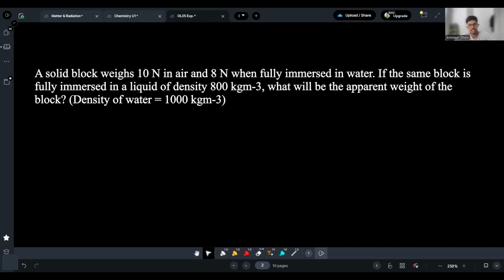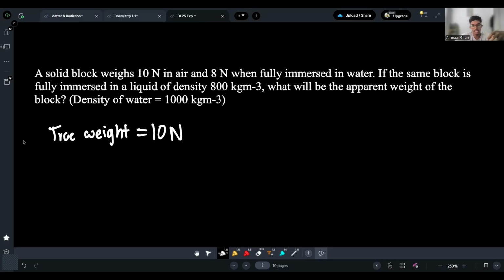All right. So first, let us continue with the data they have given us. They have told us that the true weight of the block, that means without immersing the block in any liquid, the weight in air is 10 Newton. Okay, that's the data we have.